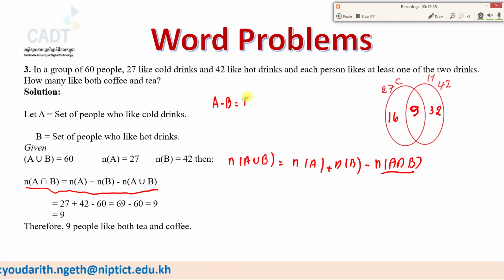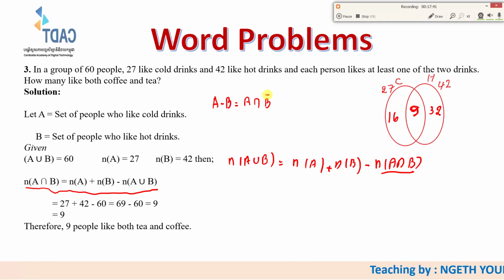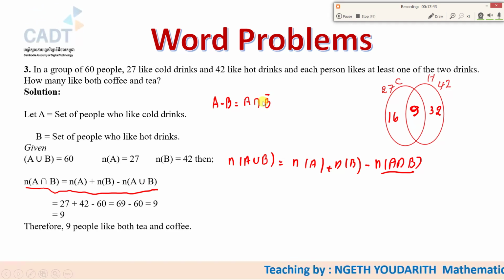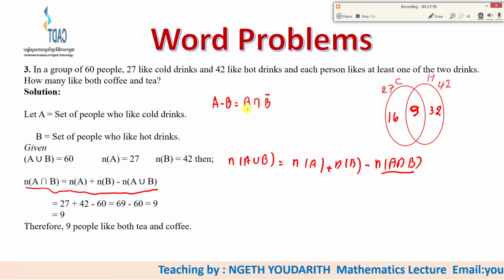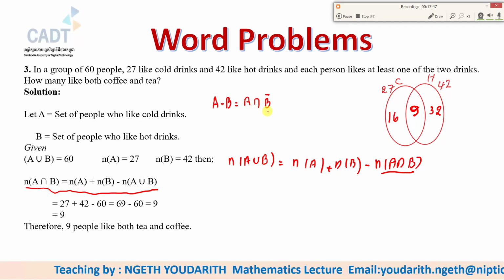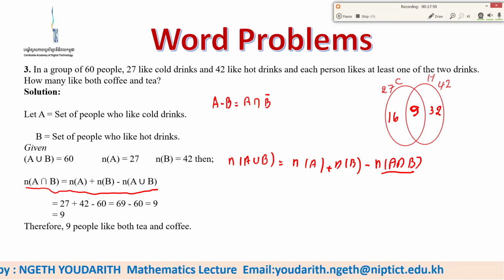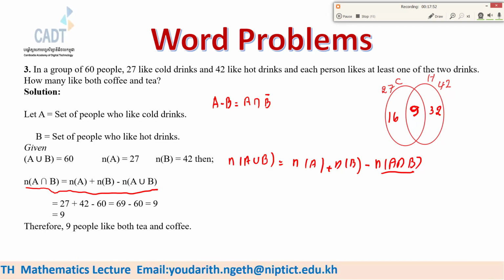It is equal to A intersection with B complement. And what is A and what is B complement? So we should expand this one.